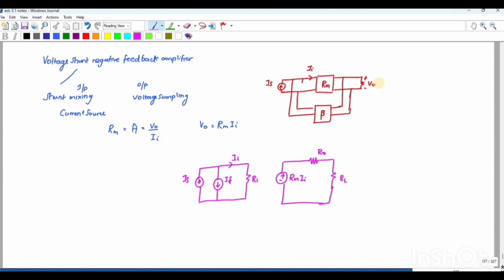At this place I am going to take the V0. What is beta? Beta output is If and input is V0. So If is equal to beta into V0.